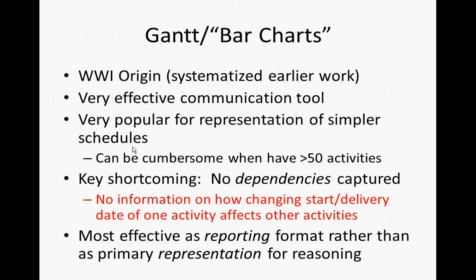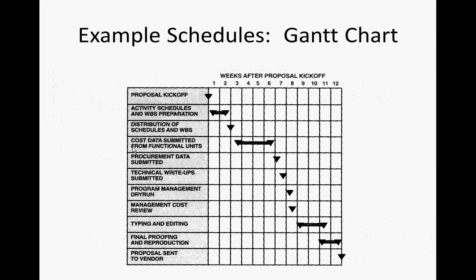The key shortcoming of Gantt charts, despite their popularity, the key shortcoming is they don't depict dependencies. So there's no dependency shown of what depends on what. Now, why is that important? Actually, they do. Yes, we can show dependencies. Well, you can. Okay, classically they don't.